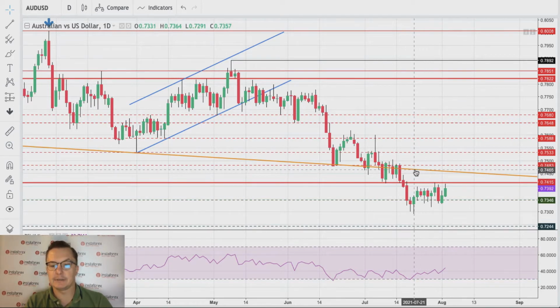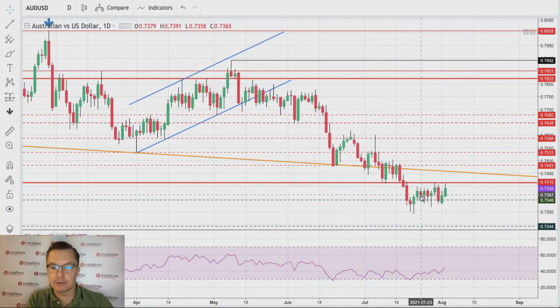And please notice that we are still trading below this long-term trend line here. We got some kind of a bullish engulfing pattern made from the lows of 7,291 pips, but this bounce wasn't that strong at all, because 7,415 is still the technical resistance.